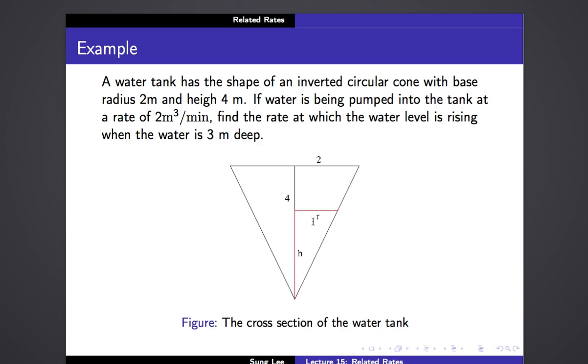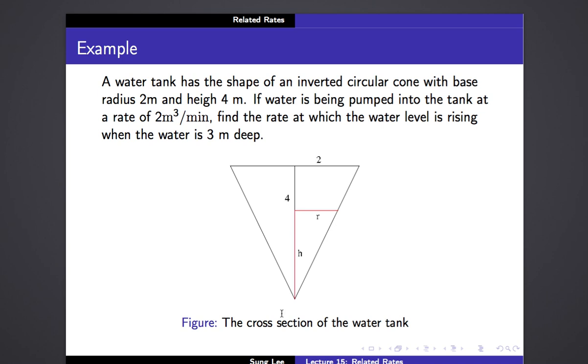Okay, right. So what's important to note in this problem is that as you can see from this figure, the triangle in black, with the base 2 and height 4, and the triangle whose two sides in red are given by r and h, these two triangles are similar.